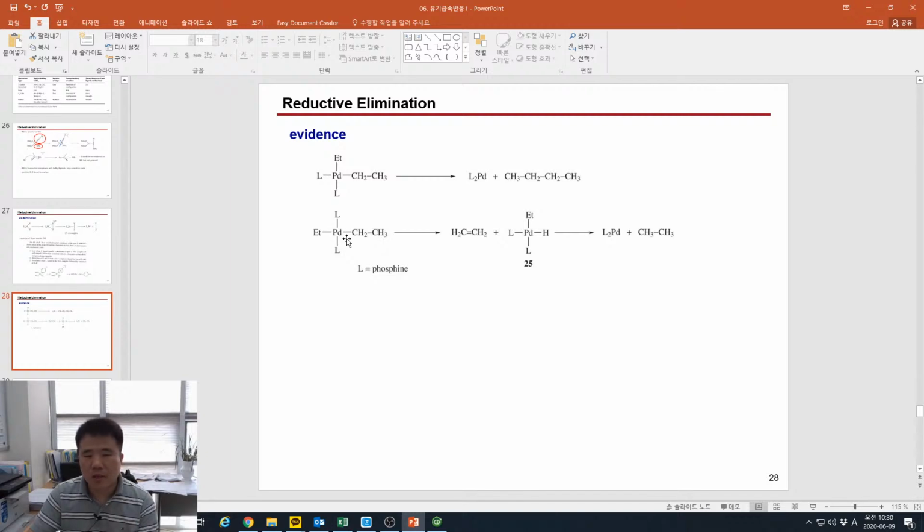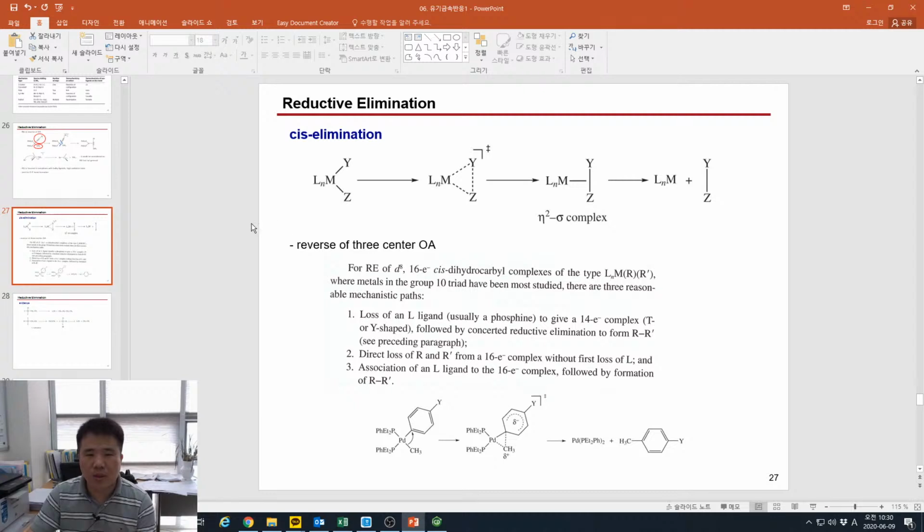Ethyl, ethyl. Now the ethyl is trans to ethyl. In this case, if you carry out the reaction, reductive elimination does not take place. So you cannot obtain butane in the case of trans. So this is the evidence of cis elimination.